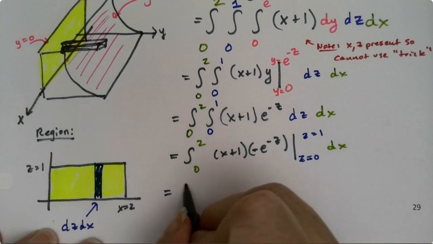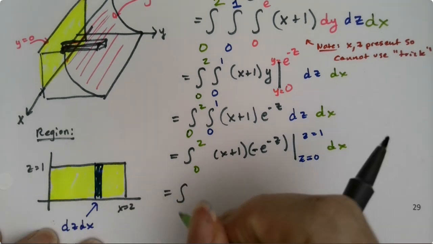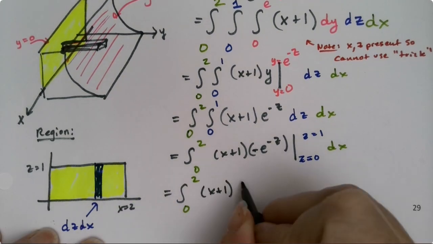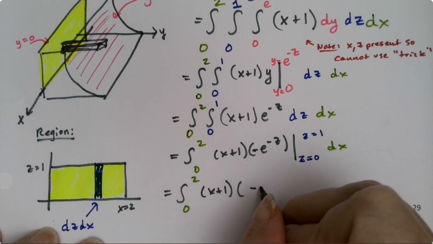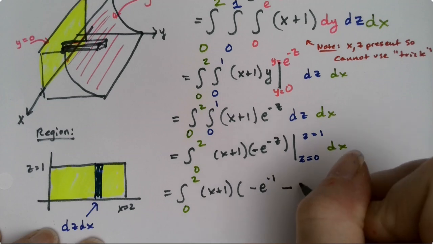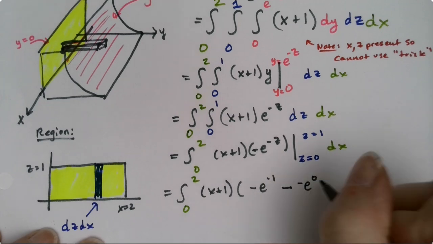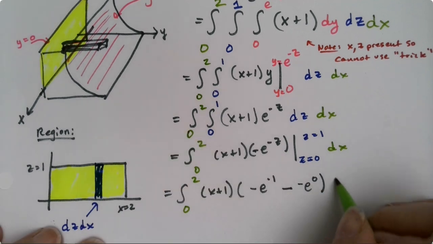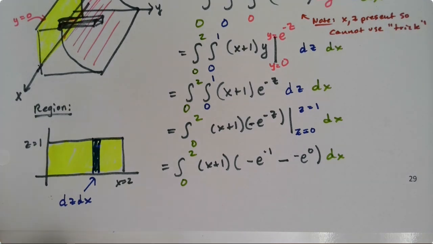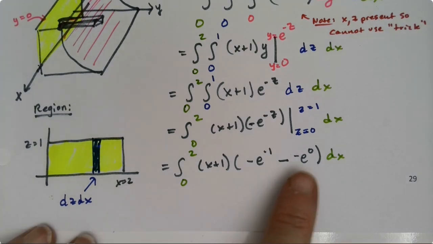Okay, so this is the integral from 0 to 2, and then this is x plus 1 times negative e to the negative 1 minus negative e to the 0, dx. Okay, well, e to the 0 is 1, right? So that's 1.